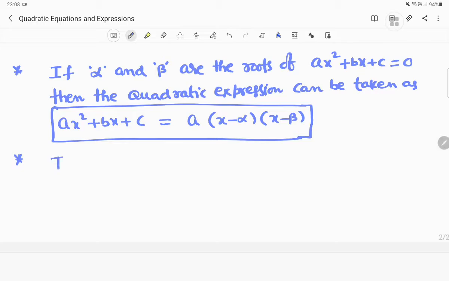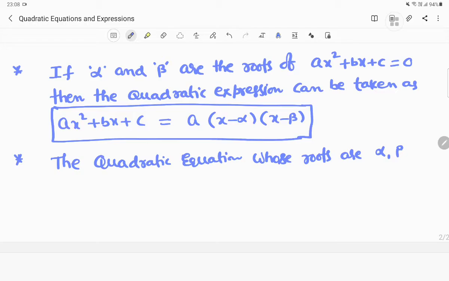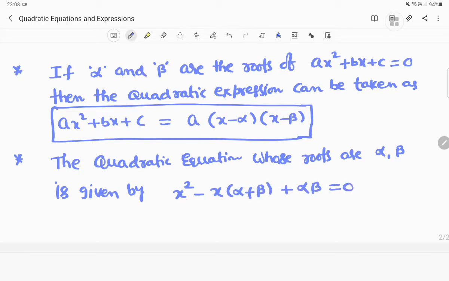The quadratic equation whose roots are alpha, beta is given by x square minus x into alpha plus beta plus alpha beta is equal to 0.